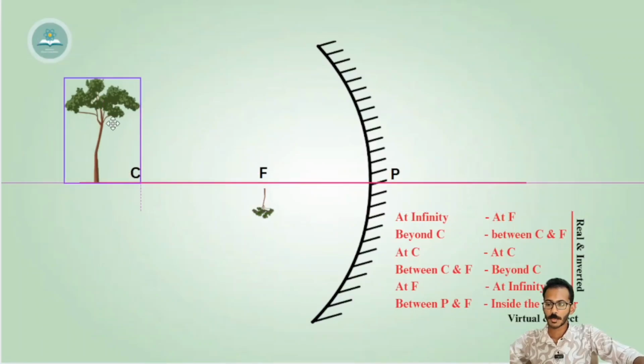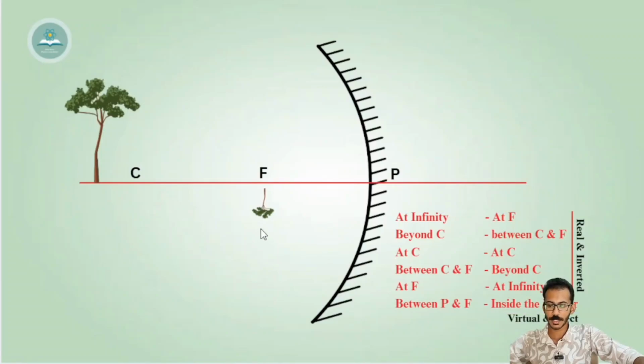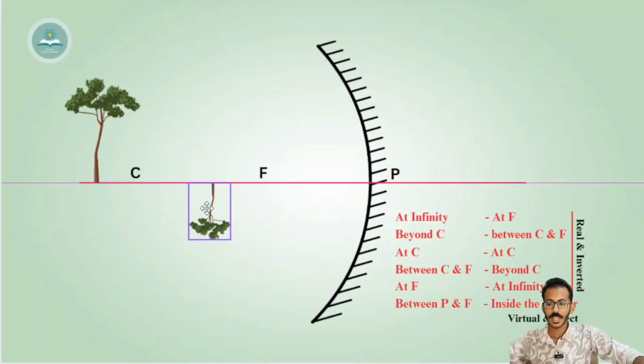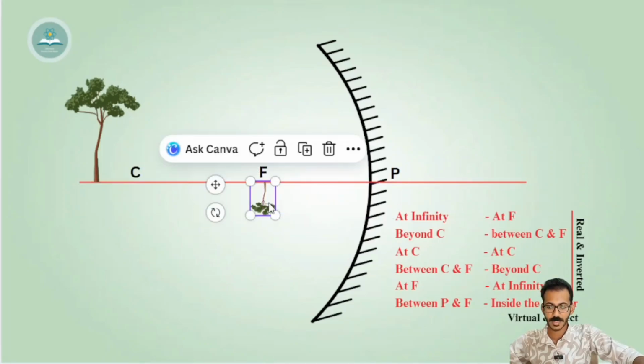Now, bringing the object nearer to the mirror, we'll place it just beyond C. During that time, we'll get the image between C and F. Please remember that the image size will be bigger. At focus, the image size will be very highly diminished, very, very small.